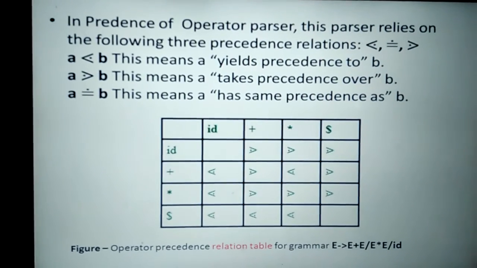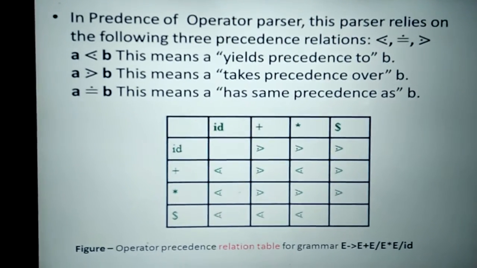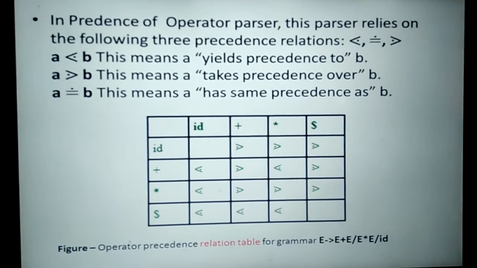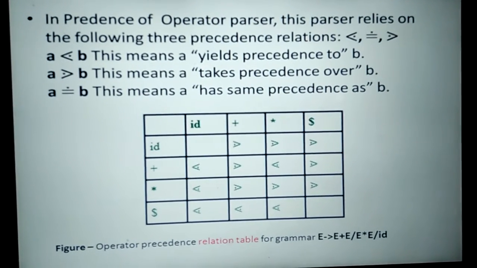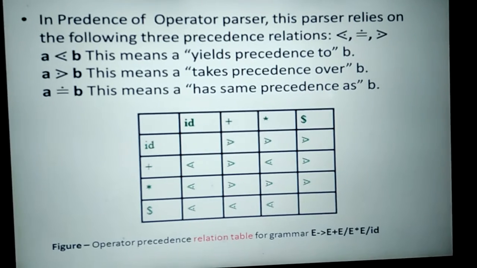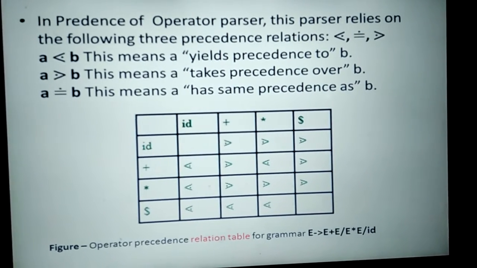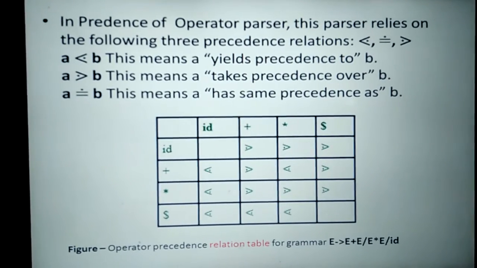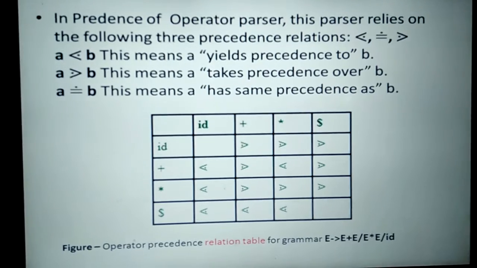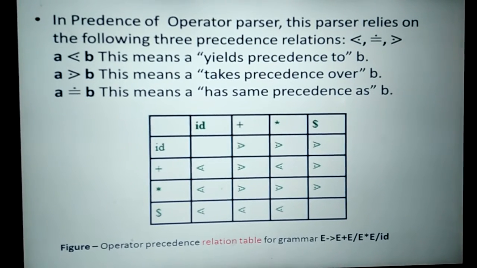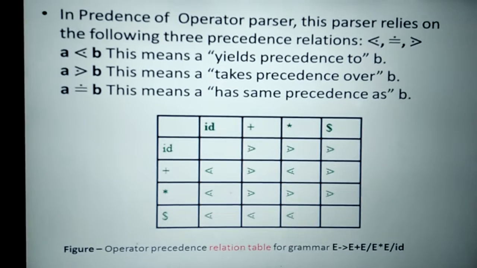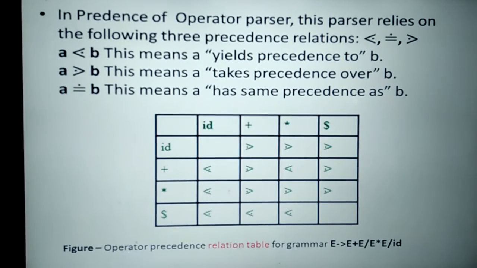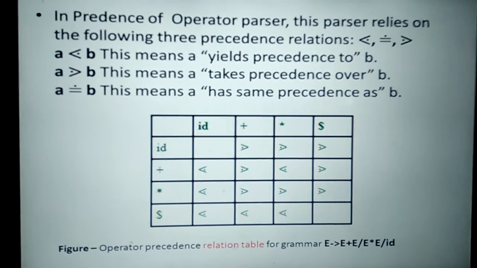We can solve this by two methods, as I said. One is the associativity and the other is the precedence of operator, using the relation table. This table shows the relations between operands and operators.